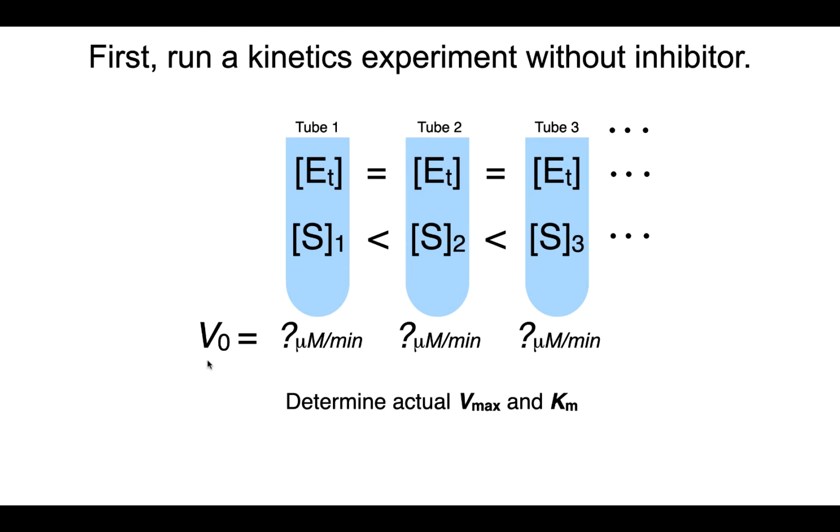You will plot this out on an enzyme kinetics graph where the substrate concentration is the x-axis and the initial velocity is the y-axis, and from that you calculate the Vmax and the Km of the enzyme. Now that's the actual Vmax and the actual Km because we do not have an inhibitor there.